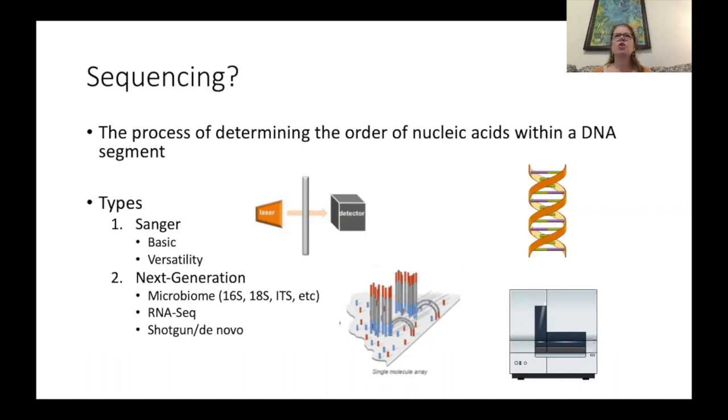Think about a biofilm or the microbiome of the gut or the nasal passages, for example, which allows us to determine what the microbial composition is of those particular sample types. There's also a relatively new method called RNA-seq, which allows you to determine the sequence of a population of RNA that is in a sample. RNA-seq is great for looking at gene expression in particular, and is a great research tool. And there are many others as well.